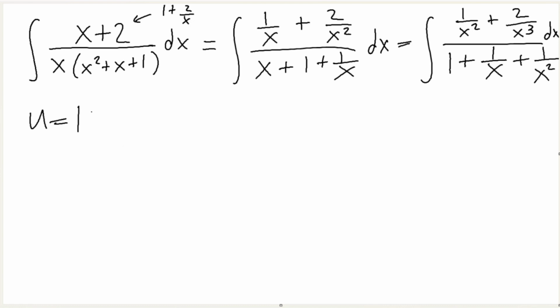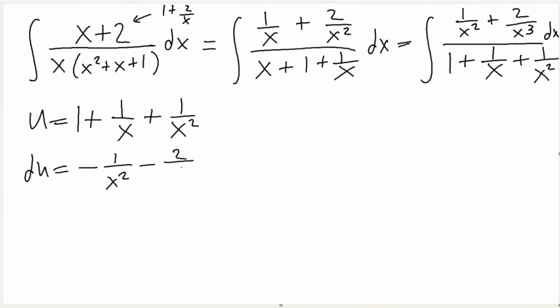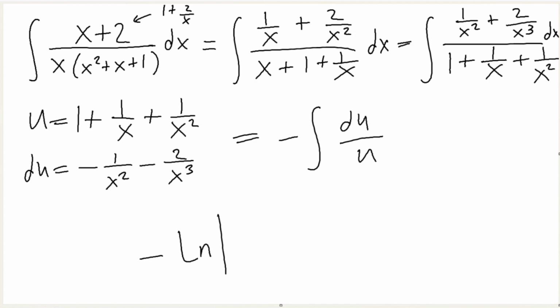We can actually now u-sub this. Right, and again the du is the negative version of this. So it's just negative du over u. So it's a negative ln of u, which is 1 plus 1 over x plus 1 over x squared.